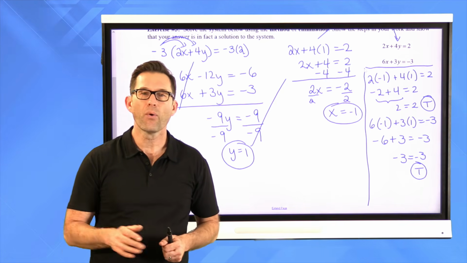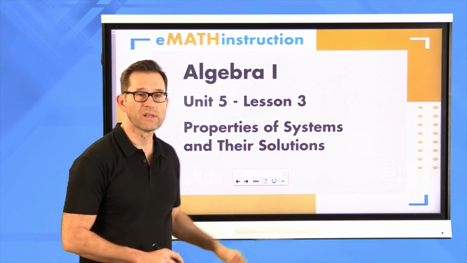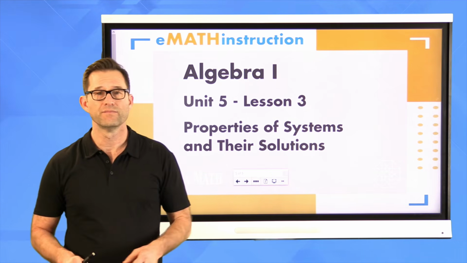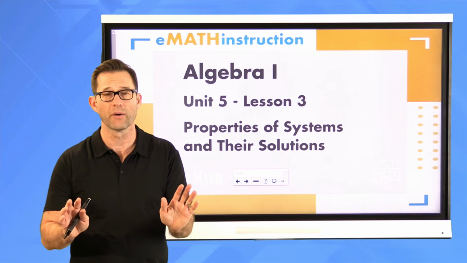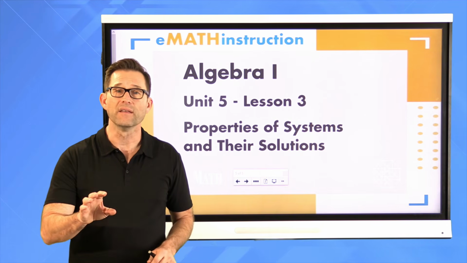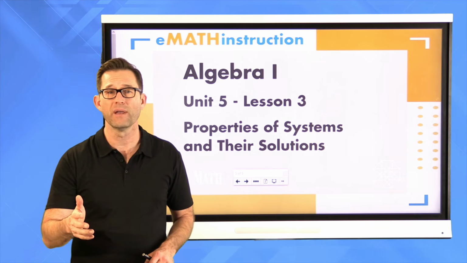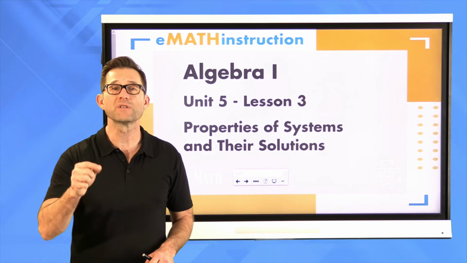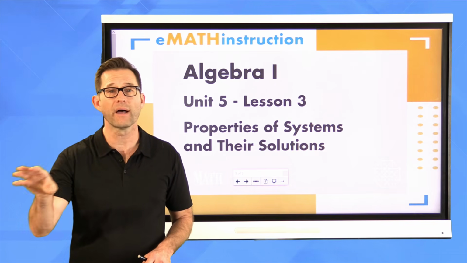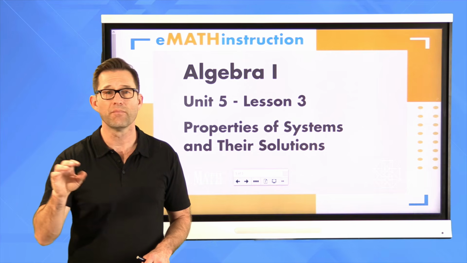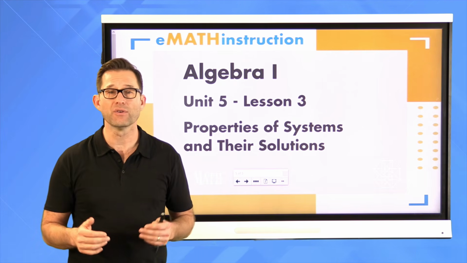The main point of this lesson, let's do that in our summary. The main point of this lesson, right, is we've got these systems. For us, it's just going to be two equations with two unknowns, two equations with two variables in them. And the plain fact is, in order to solve these systems, we can do a variety of algebraic manipulations. The two most important ones for us will be that we can multiply both sides of either equation by the same number, and we can add the equations together.